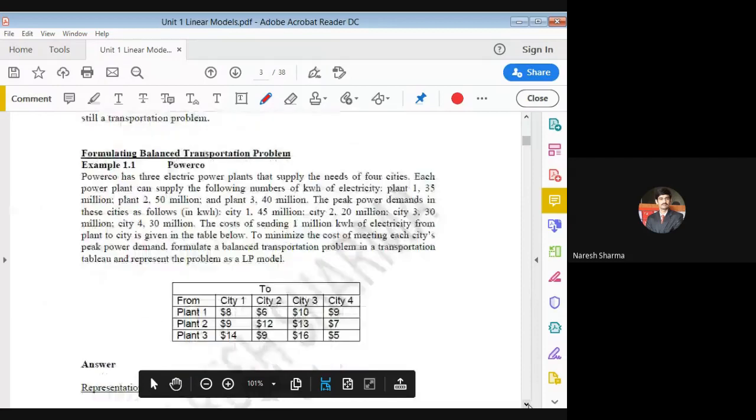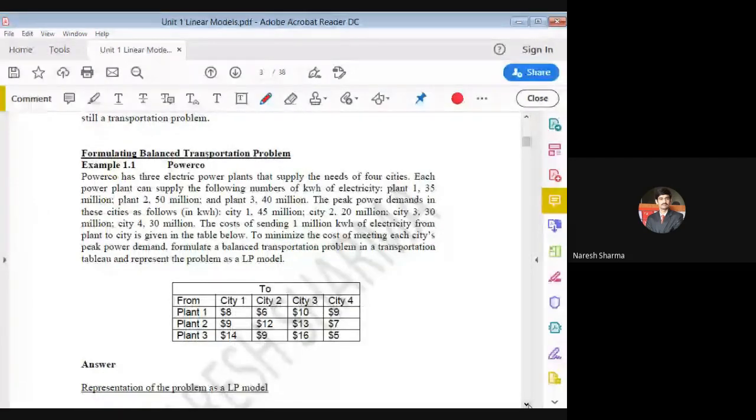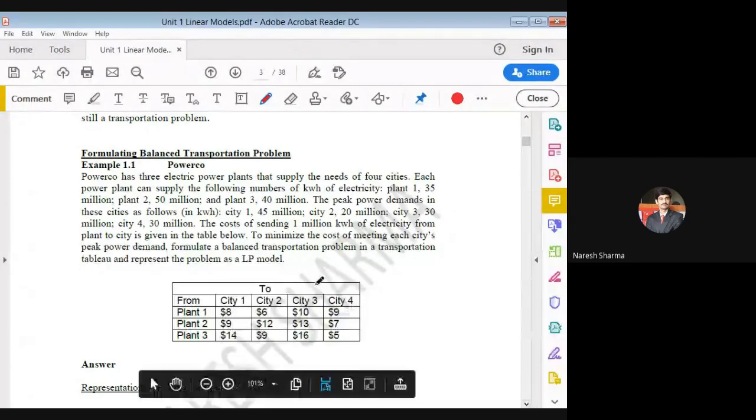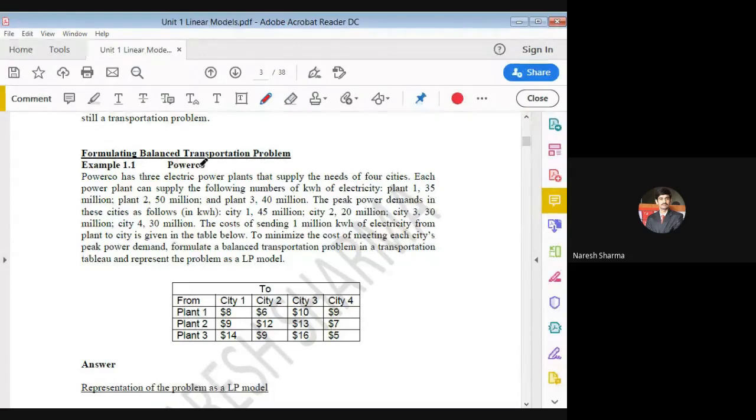So suppose we have one example. The first example, the PowerCo factory. PowerCo has 3 electric power plants that supply the needs of 4 cities.